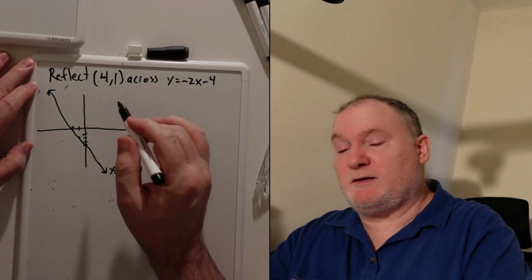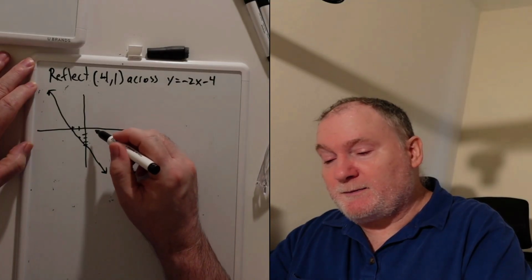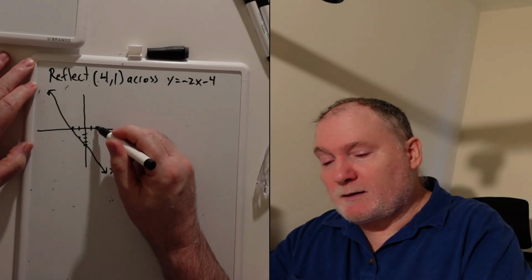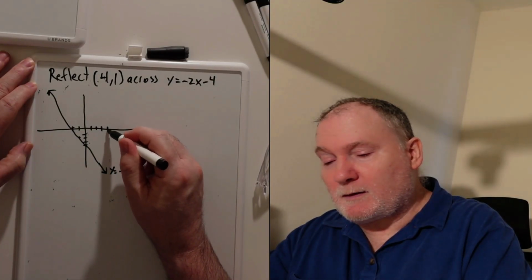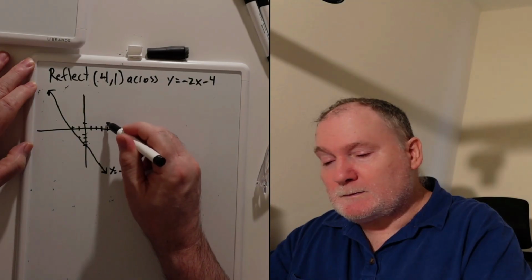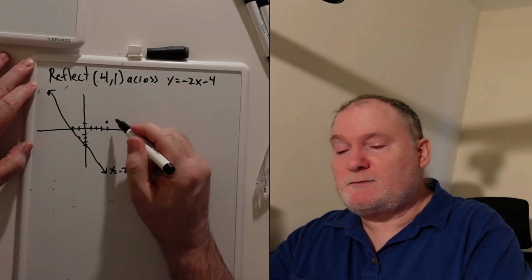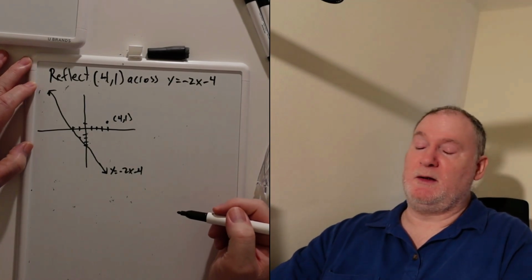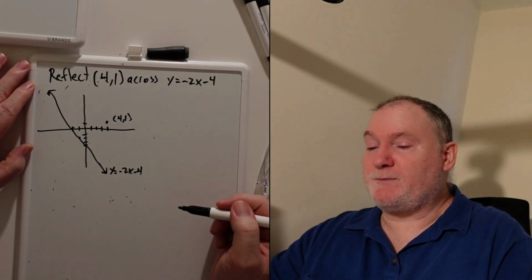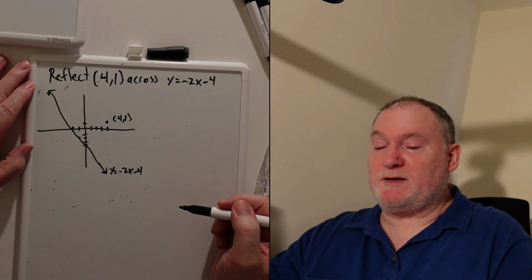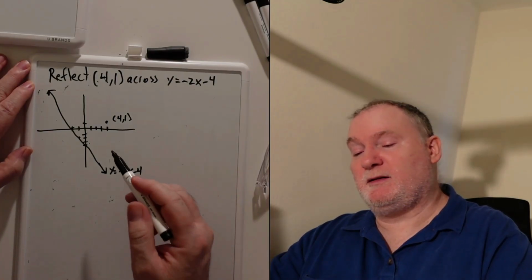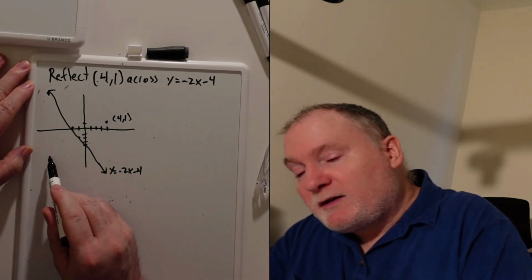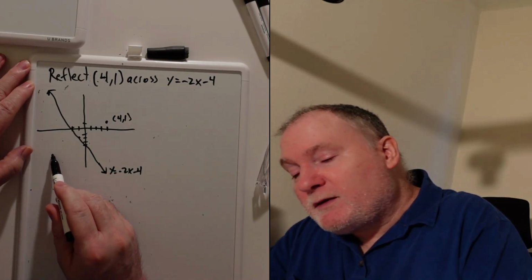Then we want to find this point, (4, 1). So this is the point (4, 1). And so we want to reflect this across this line.